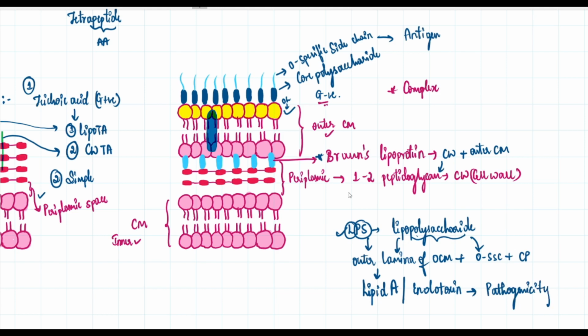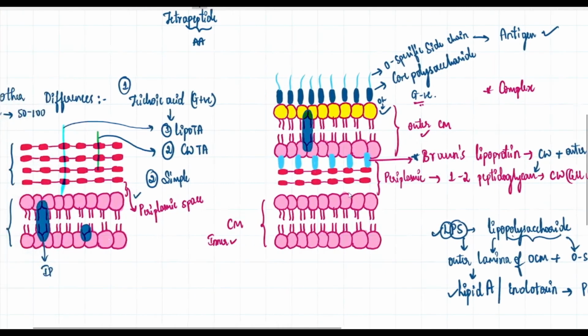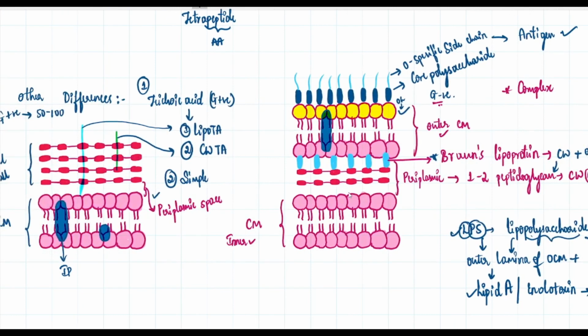So pathogenicity and antigen production are covered. These are the differences. The LPS layer is absent in gram-positive bacteria. You can see here there is no LPS layer, only a single cell membrane. So these are the main differences between gram-positive and gram-negative bacteria.